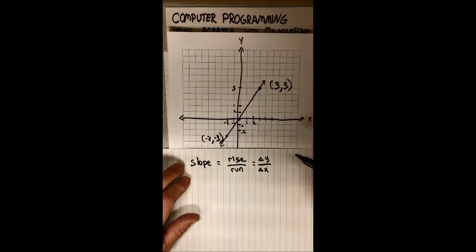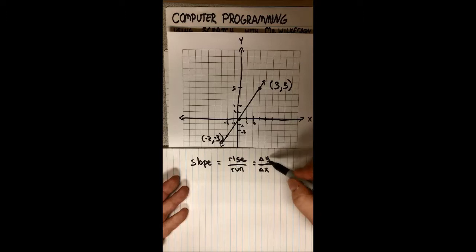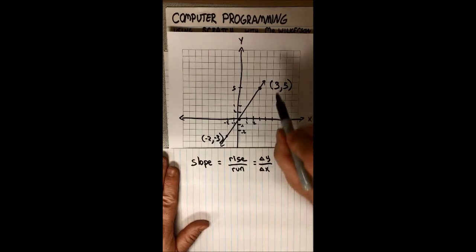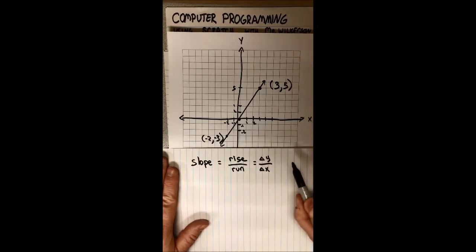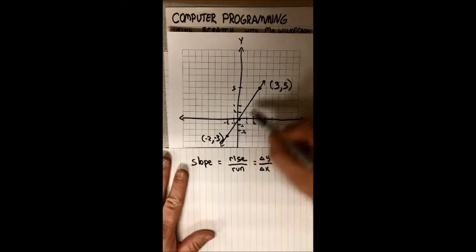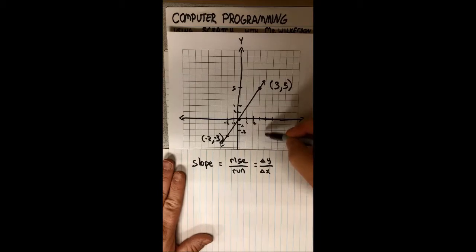The change in the y direction over the change in the x defines the slope. How far does it rise versus how far it runs? So from this point to that point, we want to know how much does it change in the y direction. How far apart are the y coordinates, the -3 and the 5?